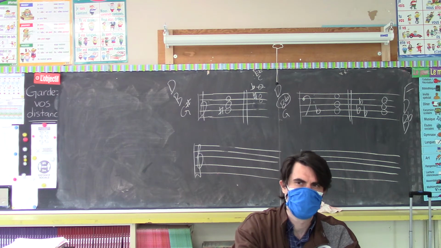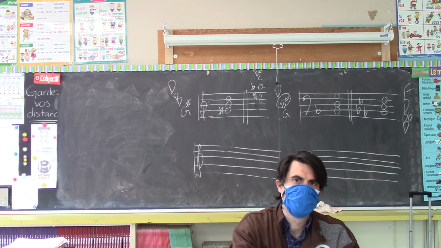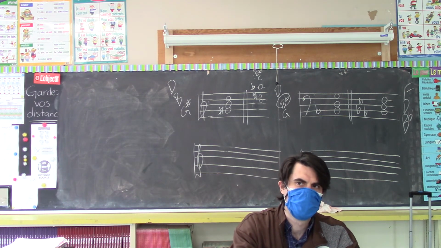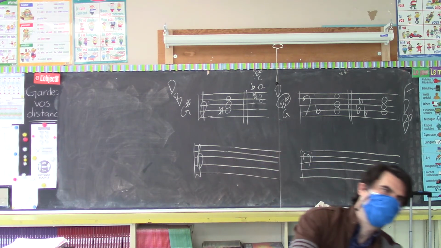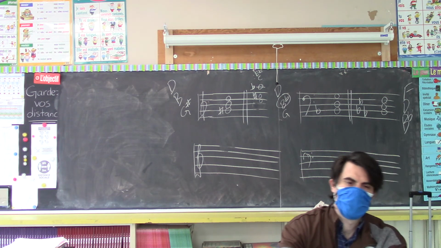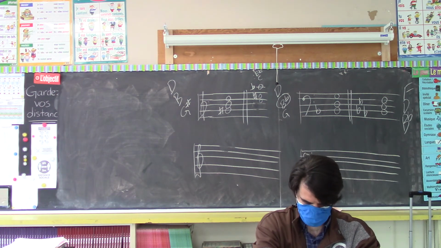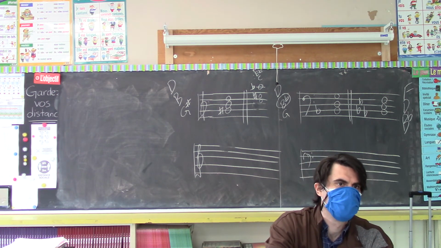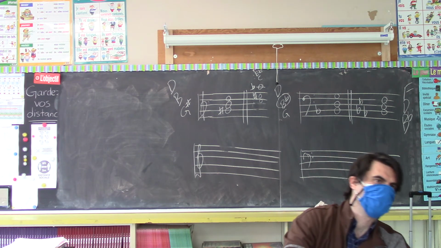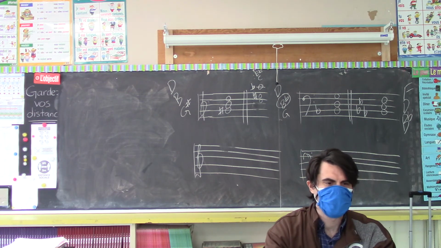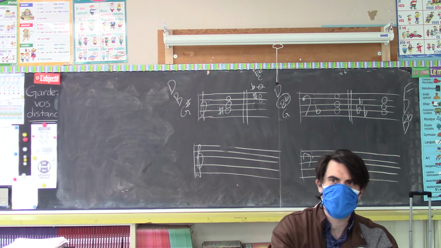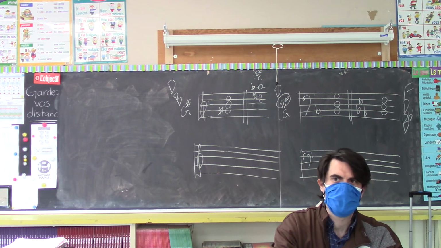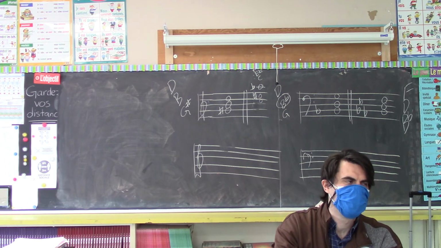Eugen, why is the root F? Of this triad that you see here, F, A, C sharp, why is F the root?